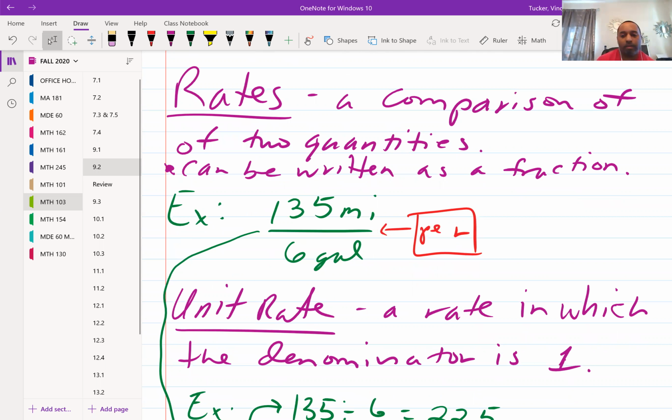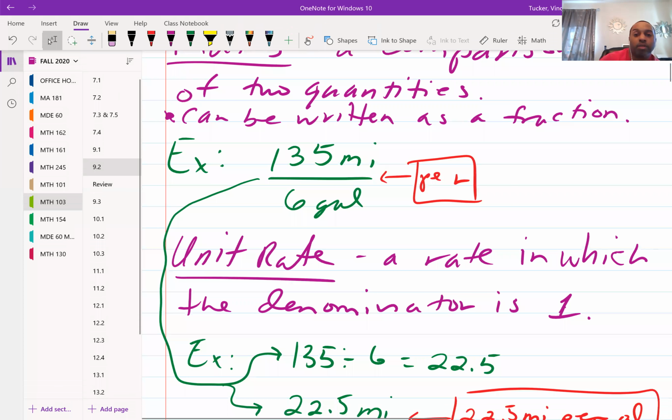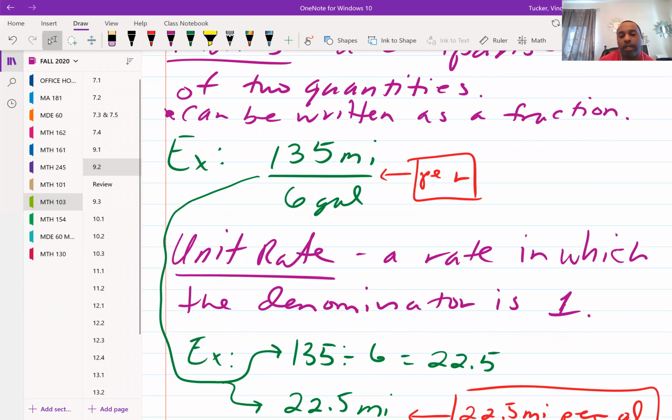Your unit rate is a rate in which the denominator is 1. So if I wanted to find a unit rate of this rate, I would just take 6 and divide it into 135. And that's 22.5.